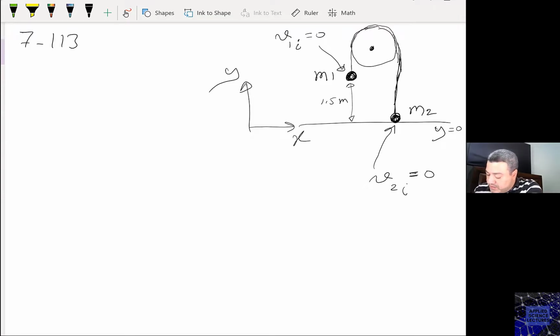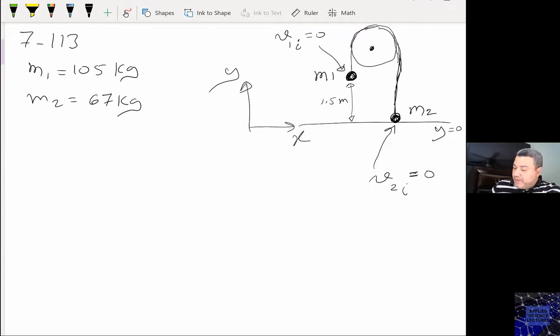And then as you can see here, M1 is 105 kilograms, M2 is 67 kilograms. Now the interesting thing about this problem, as you will see, so I have FG2, sorry, and I have FG1.